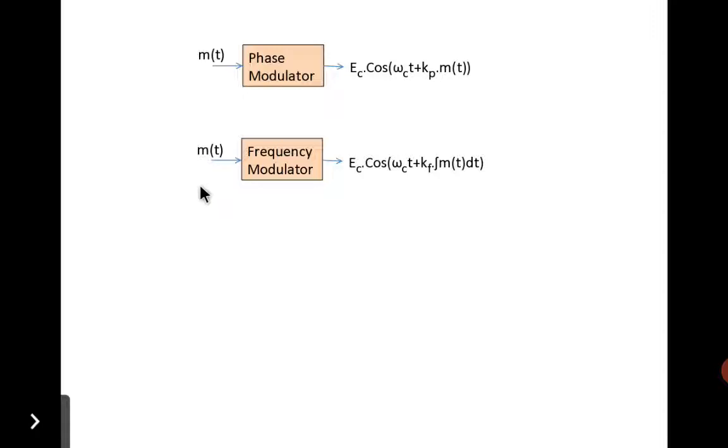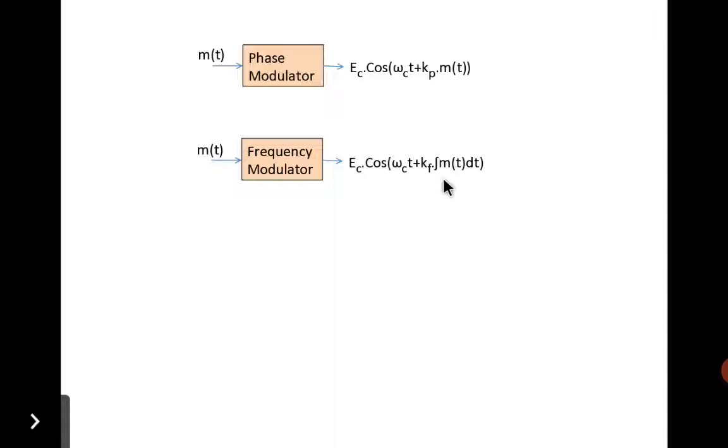Now if I am using a frequency modulator, I will get an FM signal at the output. The equation of an FM signal is given by Ec cos(ωct + Kf ∫m(t) dt). Here we have Kp m(t), and here we have Kf times the integral of m(t).